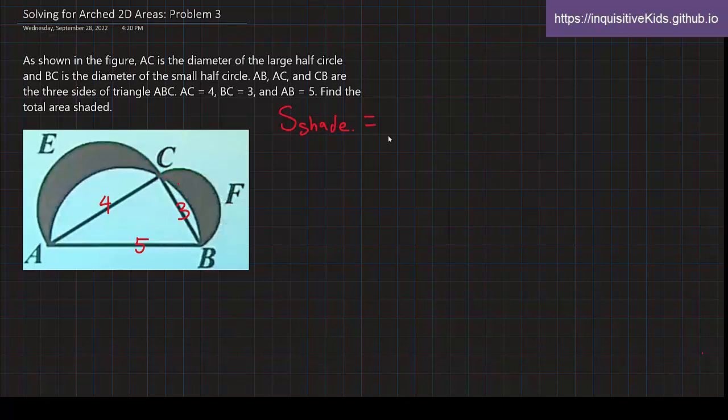So it's equal to the large semicircle, that I'm just going to abbreviate, plus the small semicircle, so small, plus triangle ABC, minus the size of the unshaded.